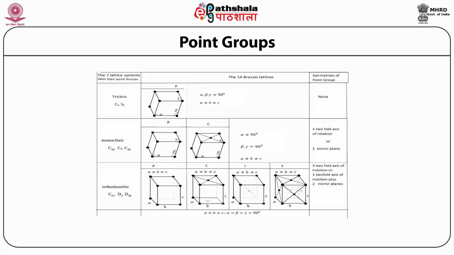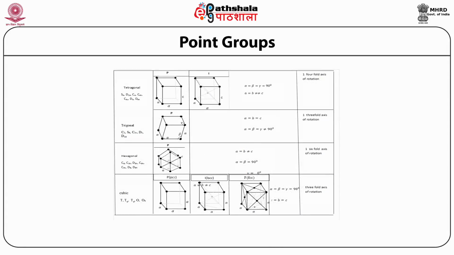In this system of crystals, you have three two-fold axes of rotation or one two-fold axis of rotation plus two mirror planes, and the point groups this system belongs to are D2, D2H and C2V.